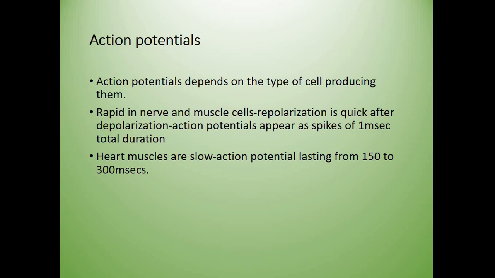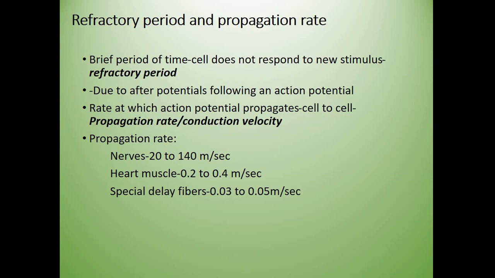We find them very quick in nerve and muscle cells, where the repolarization is also quick after the depolarization. So action potentials may appear as spikes of just 1 millisecond of total duration. However, we find that these activities are very slow in heart muscles. So the action potentials are found to last about 150 to 300 milliseconds.